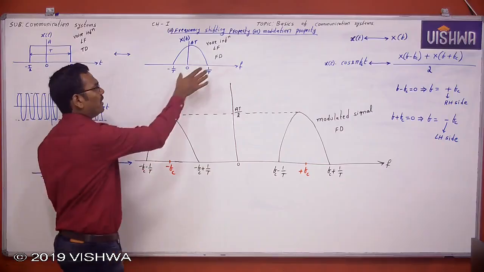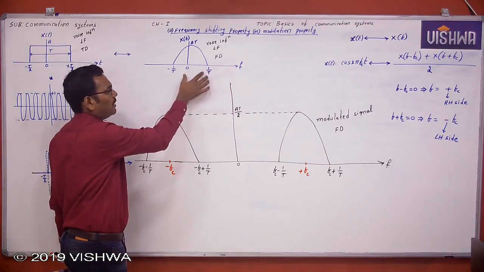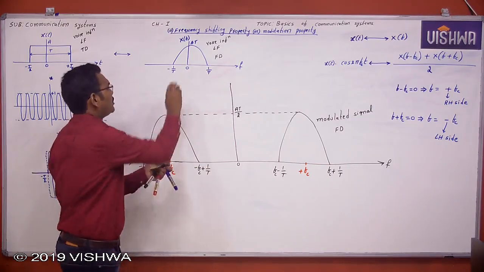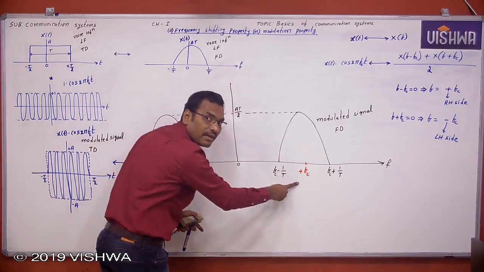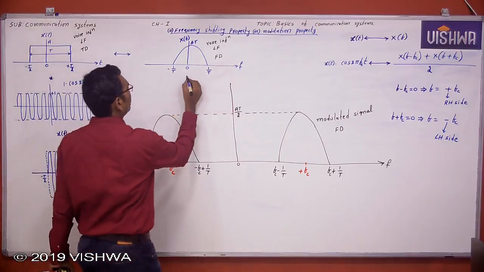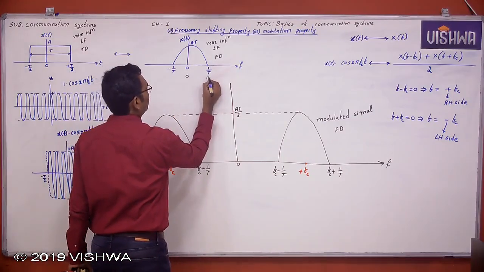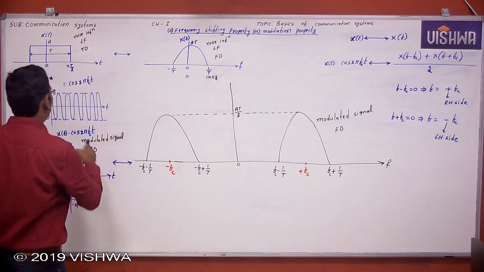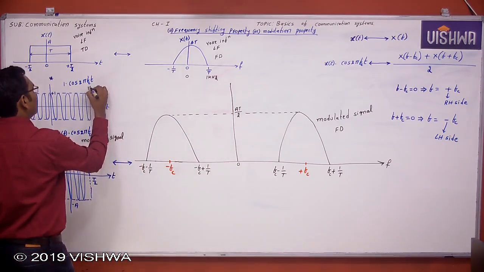Now, before modulation, this is the low frequency information available as it is. But after modulation, this low frequency information is available at high frequency. Let us take, for example, this is 0, this is 1 kHz. Let us assume this carrier frequency is 1000 kHz.